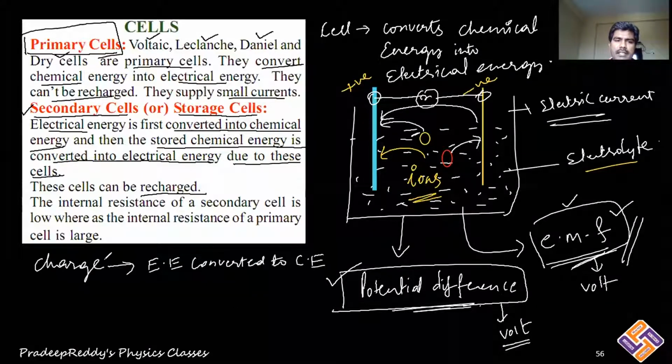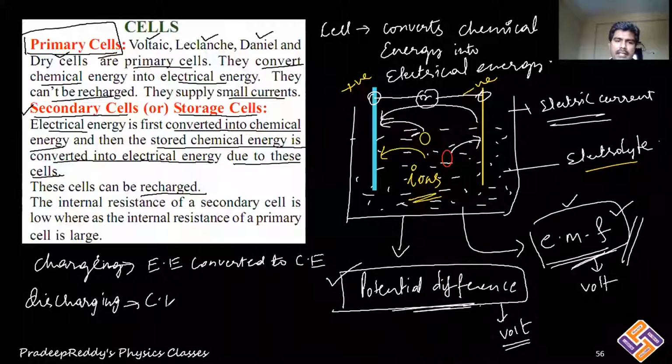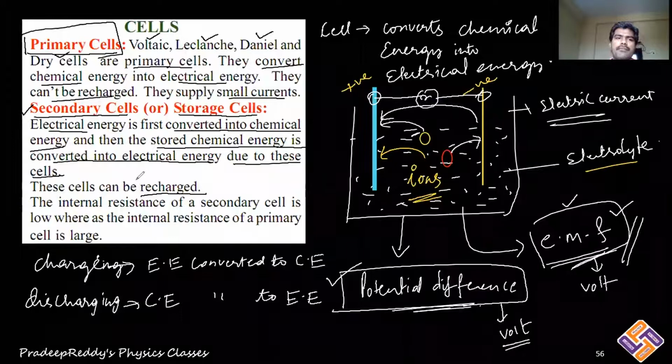When it is being discharged, chemical energy is converted into electrical energy. So secondary cells are rechargeable cells. Primary cells are non-rechargeable cells.